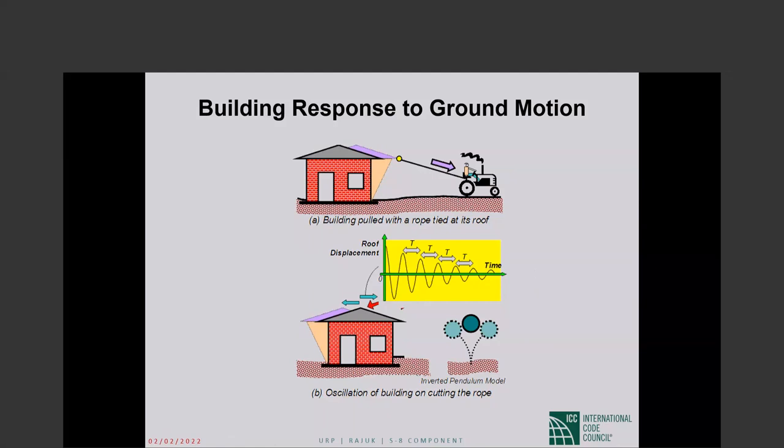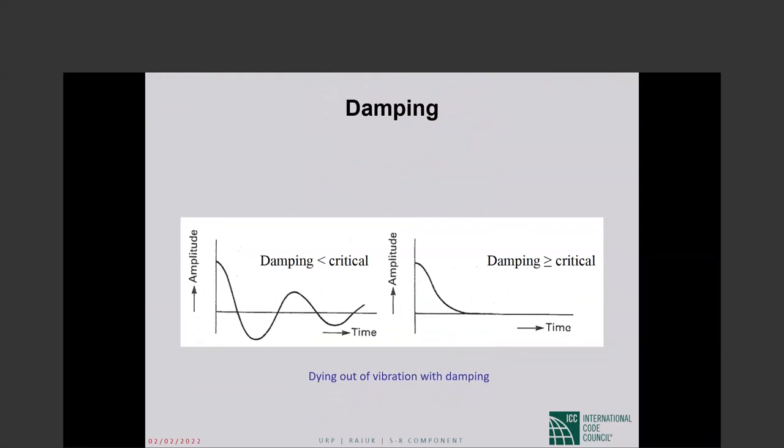If a tractor actually pulls on a building with a rope tied to the roof, and then the rope is cut, the building will go back and forth a few times, each time with a lower amplitude, and eventually come back to rest. Now, what brings a body set in vibration back to rest is damping. That's another very significant concept that we need to all understand.